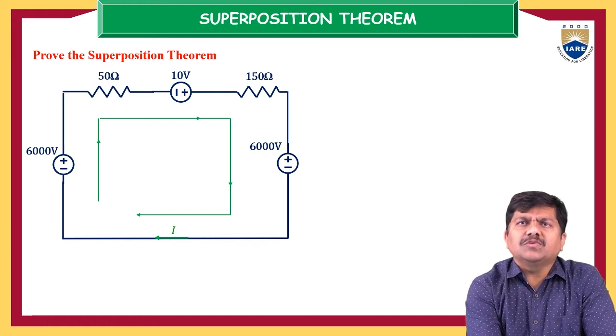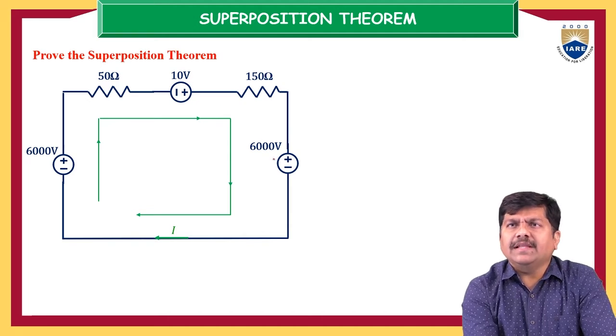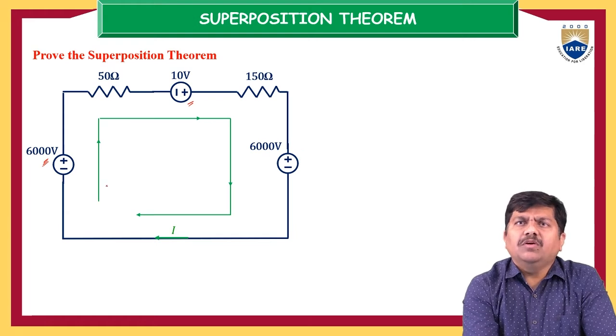This is 6000 volts minus and plus, this is minus and plus 10 volts, and this is plus and minus 6000 volts. If you observe here, minus plus, and again plus minus. So this one is in series with this 10 volt source, and in series opposition to the 6000 volts.